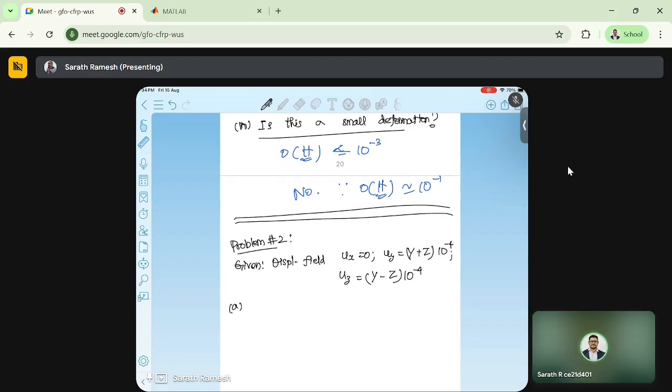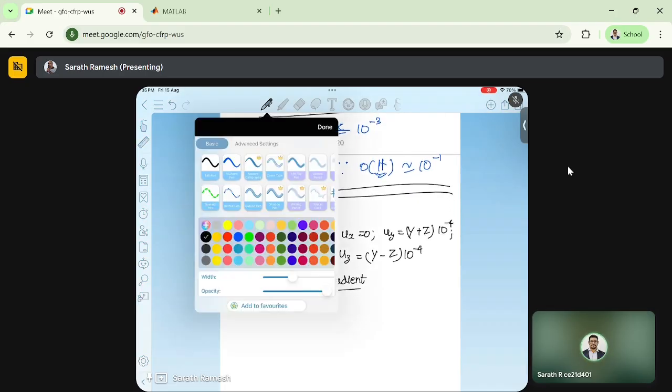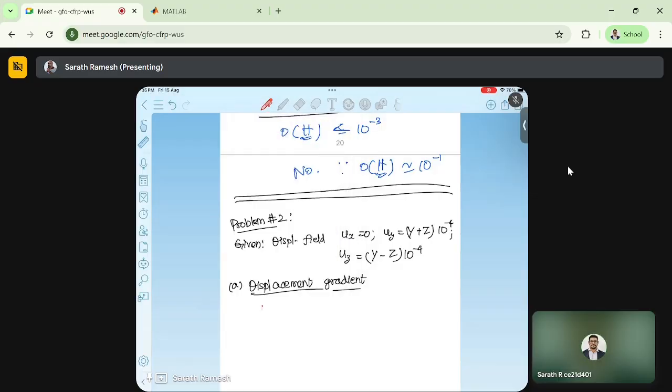First, let's find the displacement gradient. How will we find it?